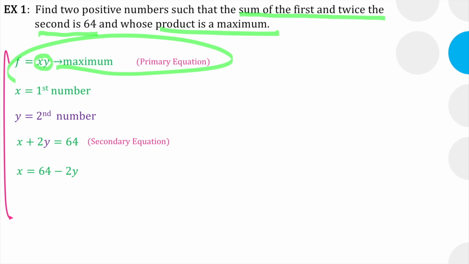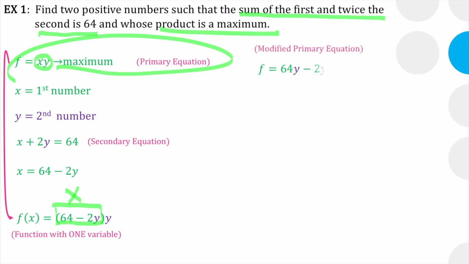You can also solve for y, it doesn't matter. So my new primary equation is 64 minus 2y, that was what we solved for x, that used to be x, times y. We now have a function with just one variable.